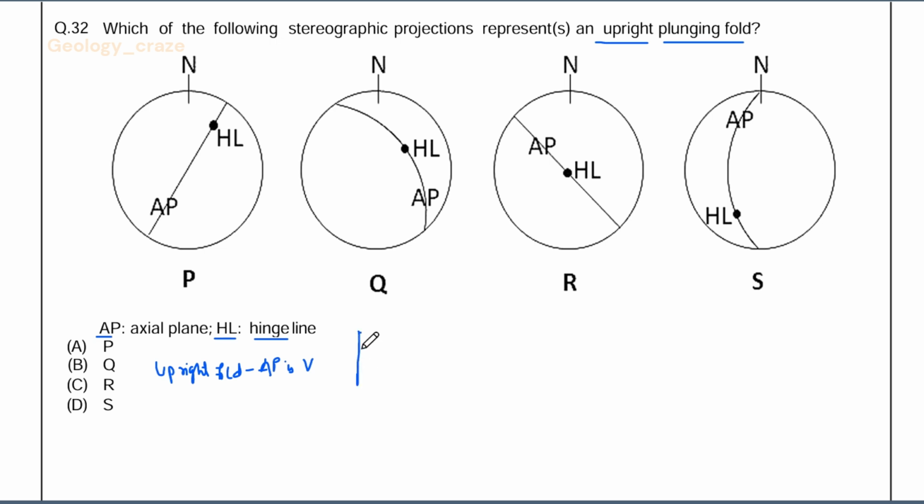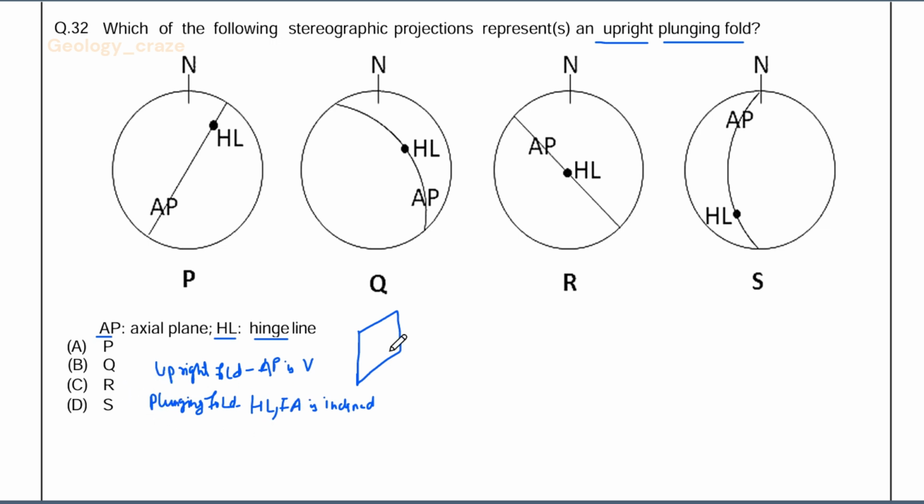And a plunging fold is when the hinge line, our fold axis, is inclined, not horizontal. First we will understand this.